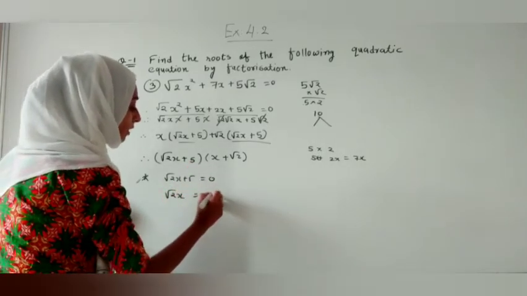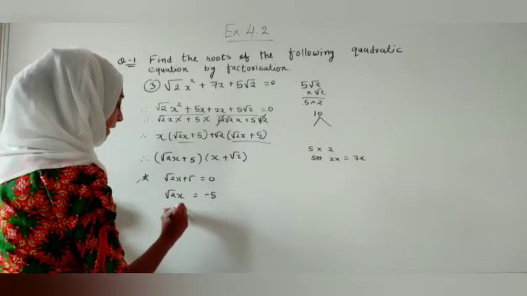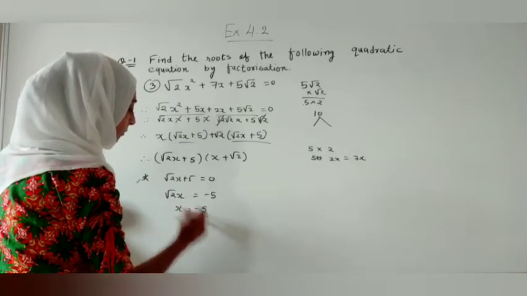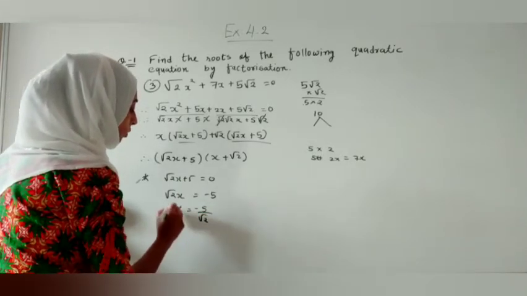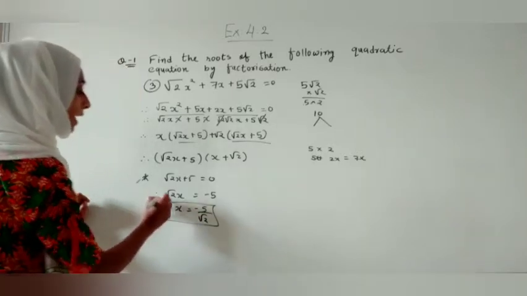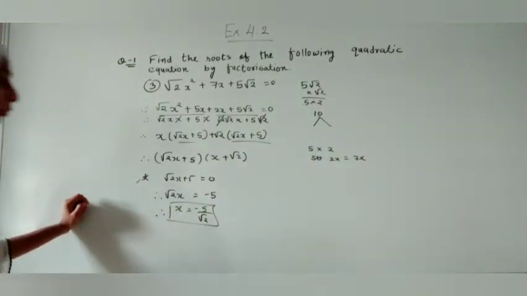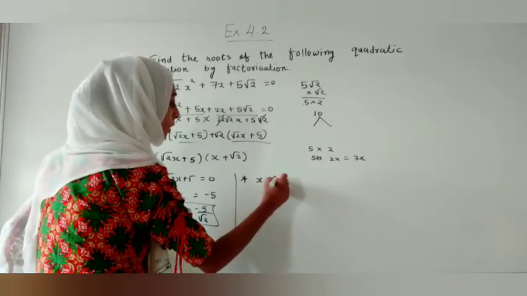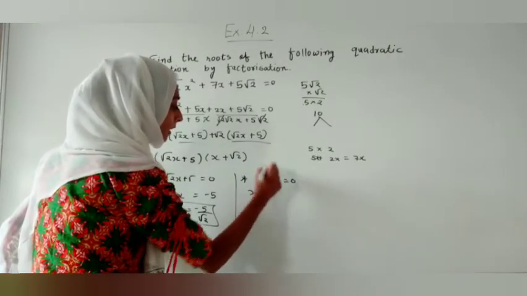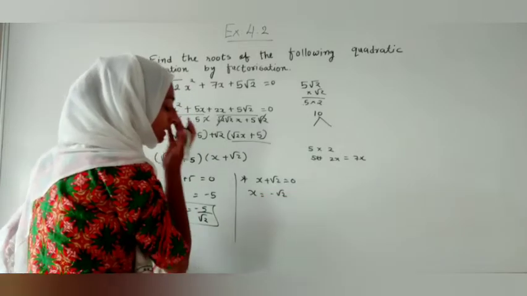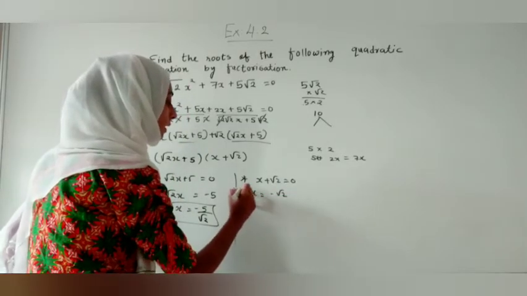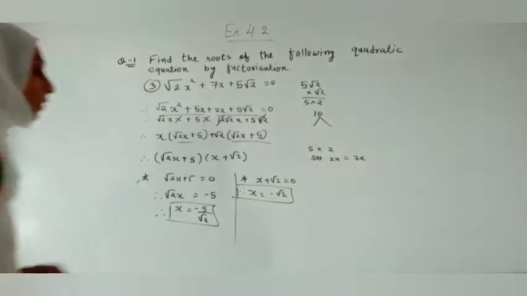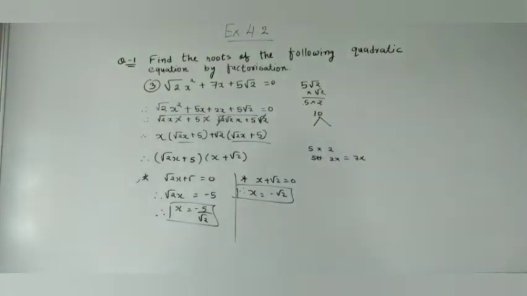So 5 is going, it will become minus 5, and if we are taking minus under root 2 down, we got the value of x as minus 5 upon under root 2. Now if we are comparing another bracket with 0, it will become x, and if we are keeping it that side it will become minus, so another value of x we got as minus under root 2.